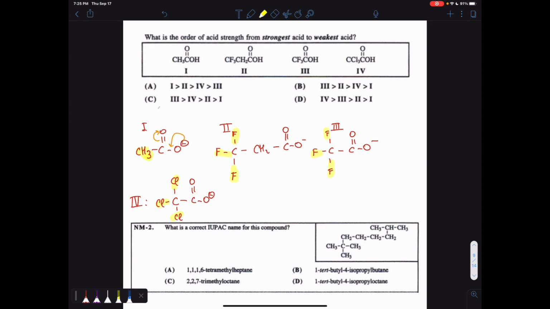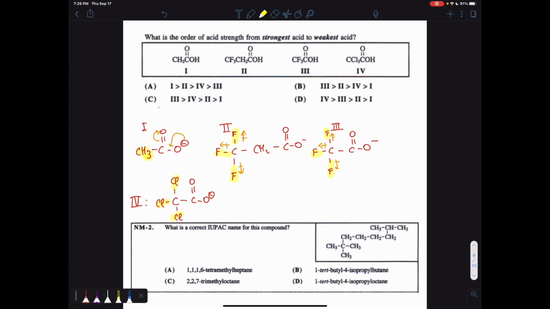Now, the first thing you have to know is that when you have an electronegative atom, even though it's far away from the negative charge, it causes the delocalization of the charge. So by induction, those fluorines can distribute the charge better.